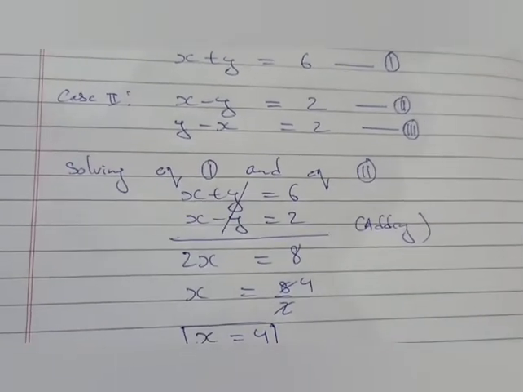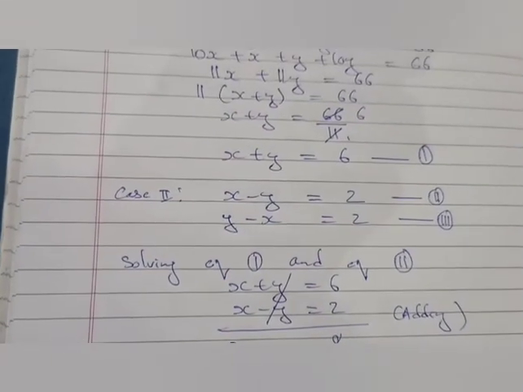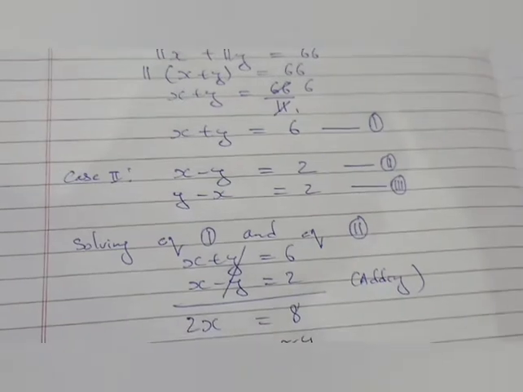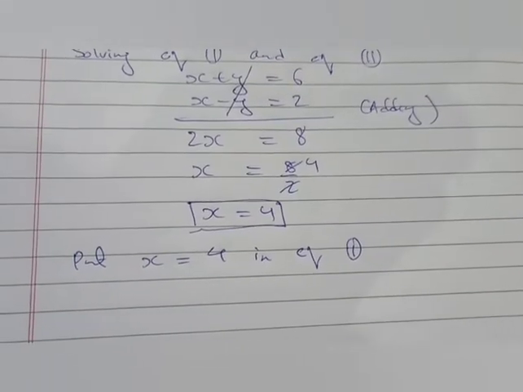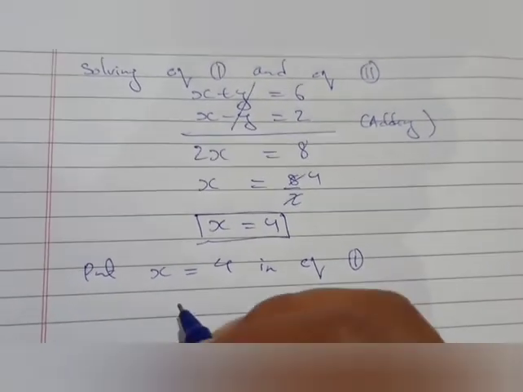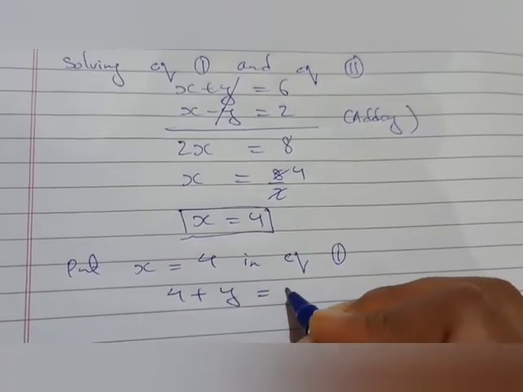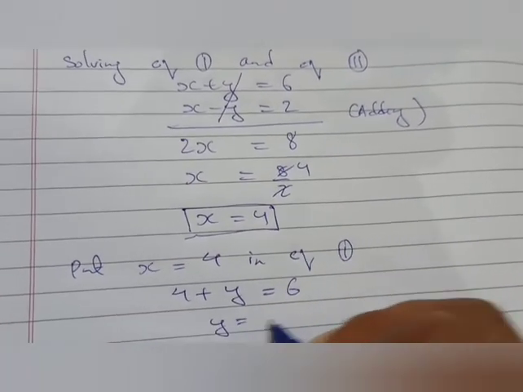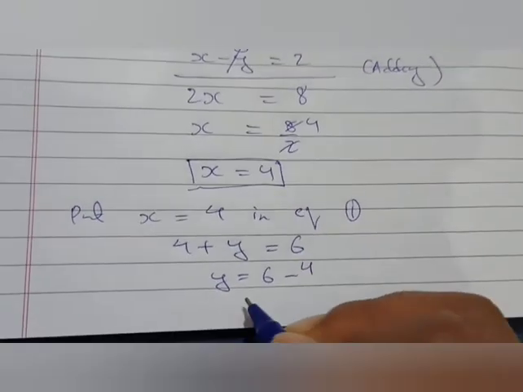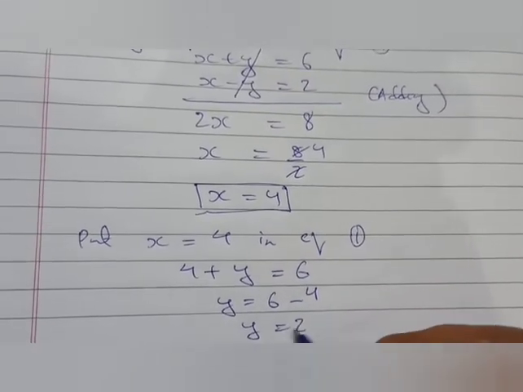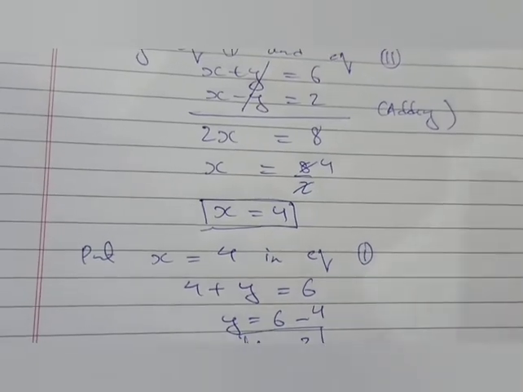Let's put the value of x in equation 1 and get y as well. Put x equals 4 in equation 1, we'll get 4 plus y equals 6. y equals 6 minus 4 will give us y equals 2. So we got x as 4 and y as 2.